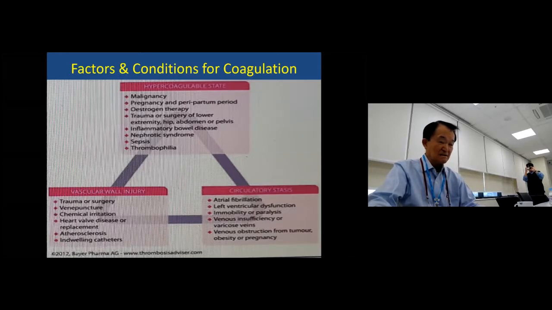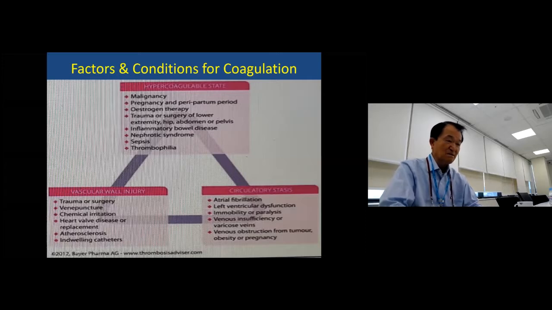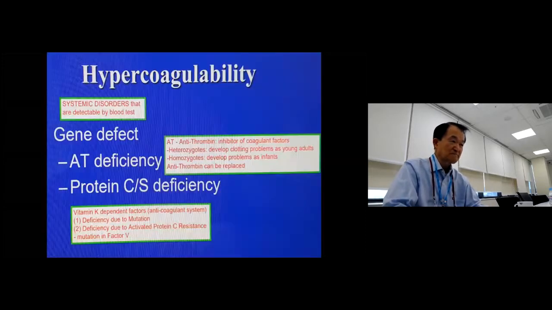And then certain coagulation and circulatory problems produce stasis. Stasis is a major causative factor of the coagulation process. Examples are a paralyzed patient, heart trouble, varicose veins, or obstruction. Those are all common clinical problems.